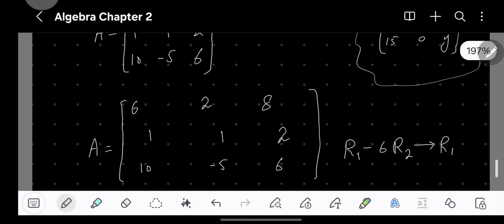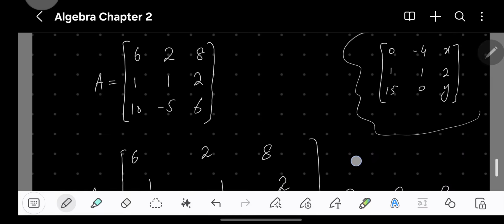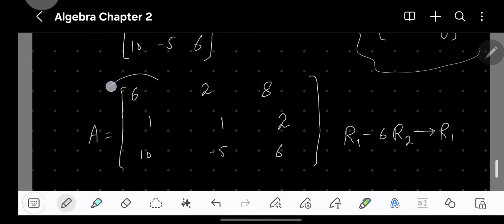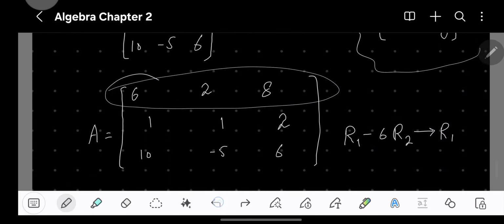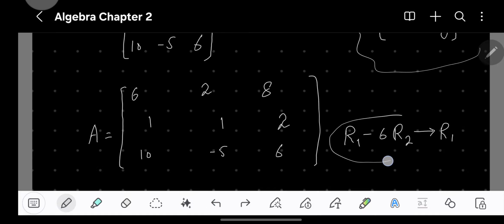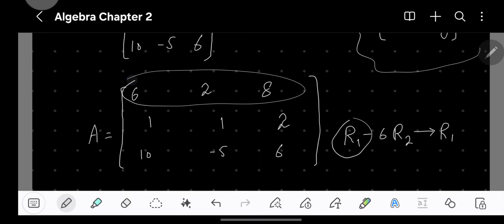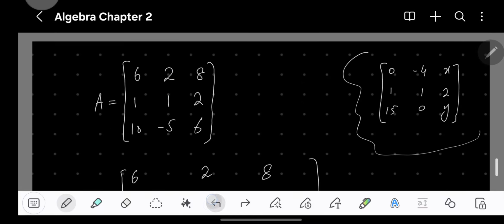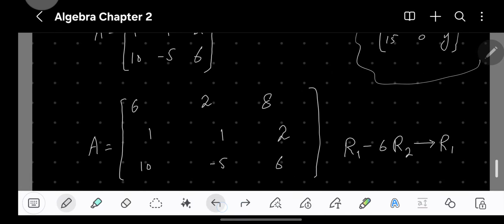First of all, I have written the same matrix A here, and the first row will be replaced by this. I have written R1 as it is, but I have minus 6 times R2.